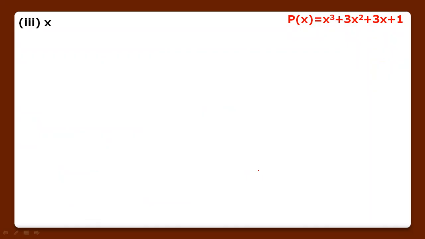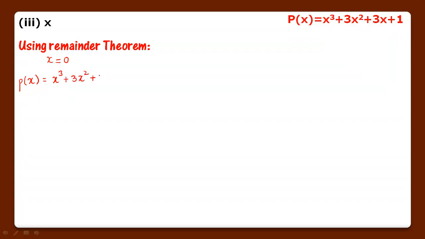Next part, x. Again using remainder theorem, we'll put the divisor equals to 0. Px, again same as given in the question, x cube plus 3x square plus 3x plus 1.